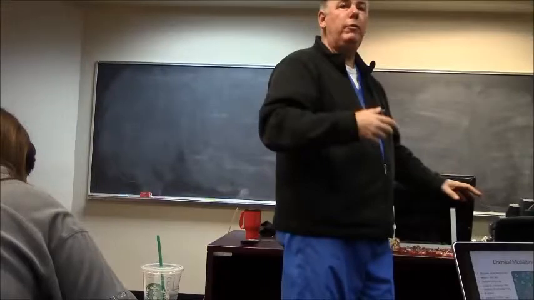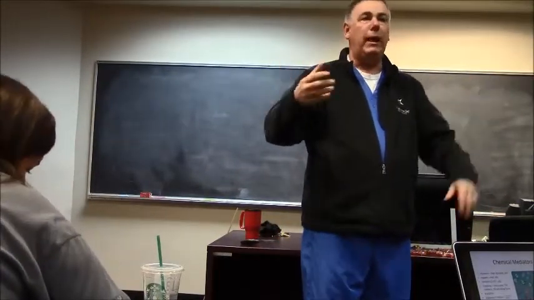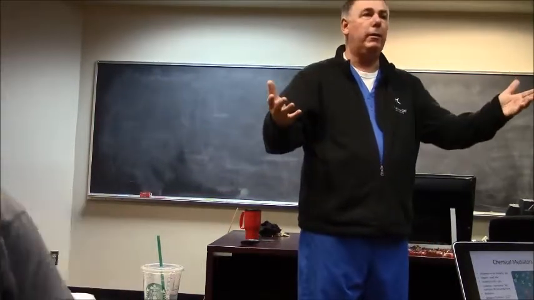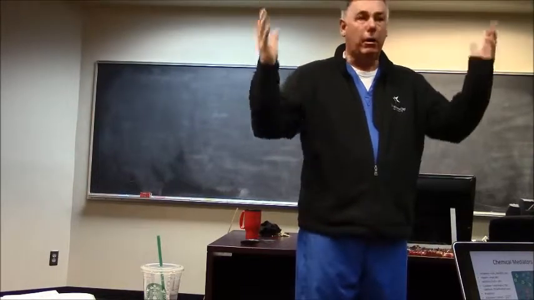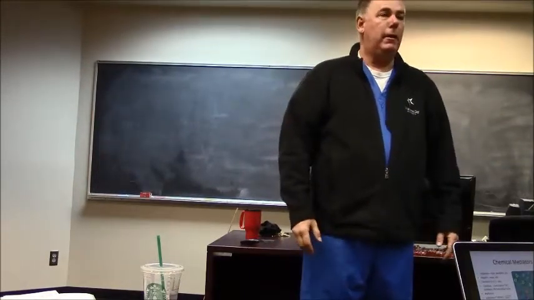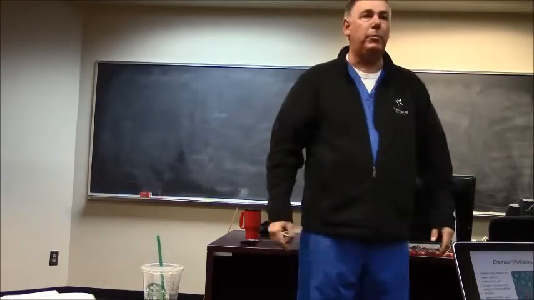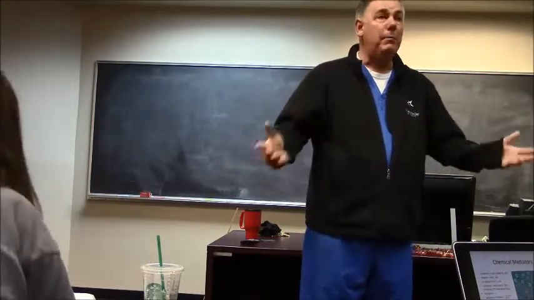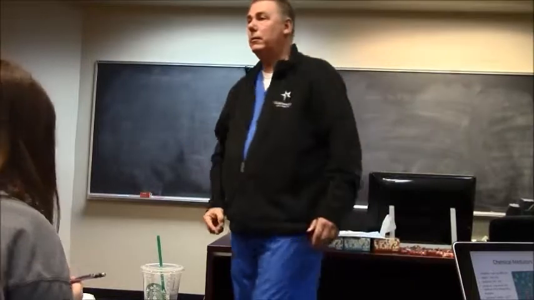If you take an ACE inhibitor, you block the breakdown. Go look up lisinopril. Lisinopril is an ACE inhibitor. The first side effect of lisinopril will be cough. It's a class effect. If you start coughing on lisinopril, you will cough on all of them. And not everybody coughs on an ACE inhibitor.